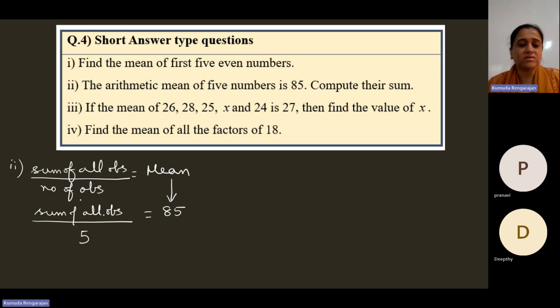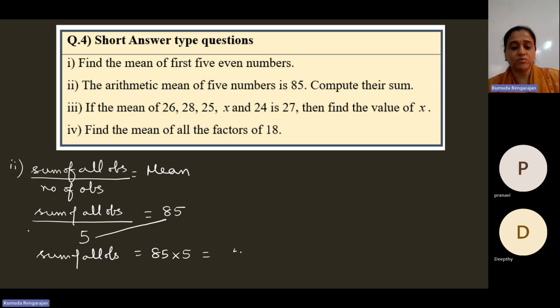And now you'll have to find the sum of all the observations. So how do we do this? We just have to cross multiply. So sum of all observations is equal to 85 into 5. 5 5s are 25, 2 carried over, 40, 42.